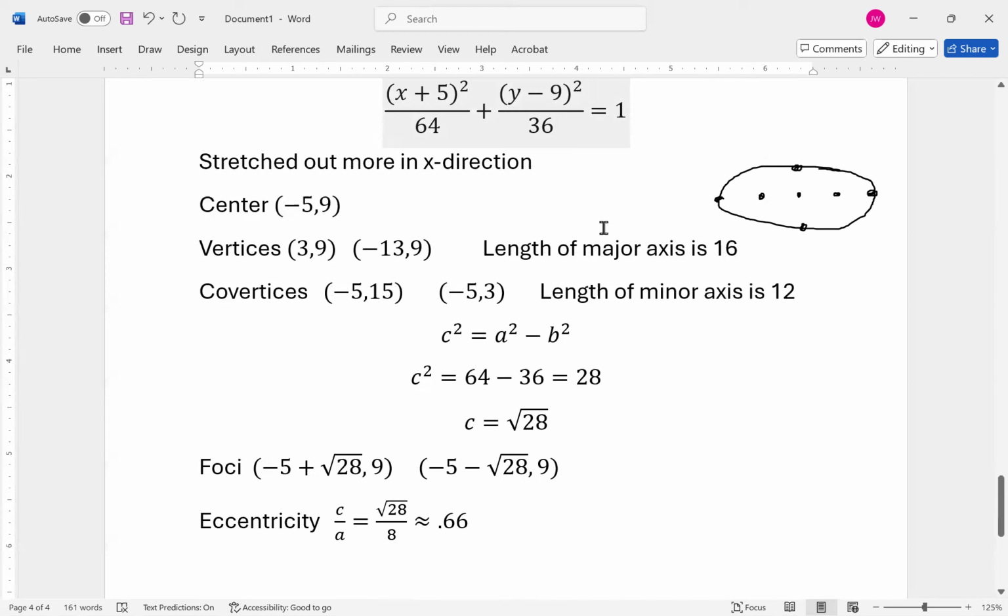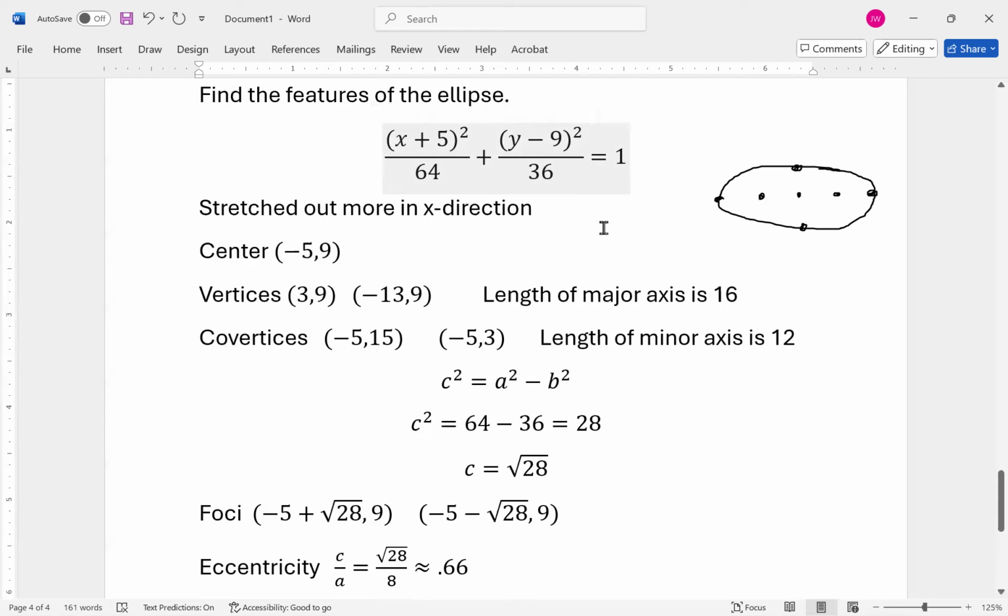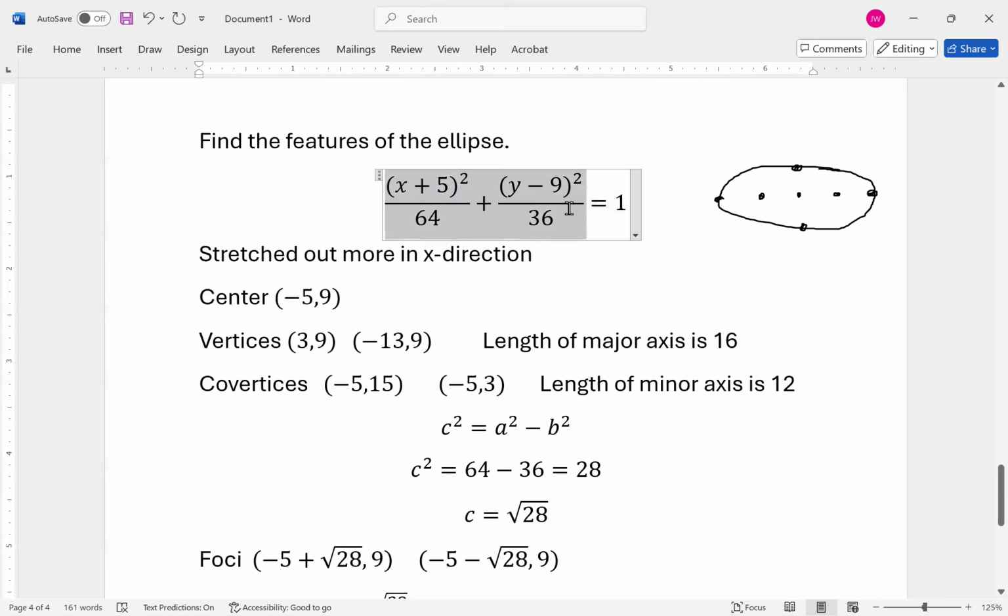This is how to find all of the features of an ellipse given the standard equation for the ellipse. Now, if we weren't given a standard equation, you could use completing the squares with some clever dividing to make this all work. Which I tend not to give people, but we could do that.